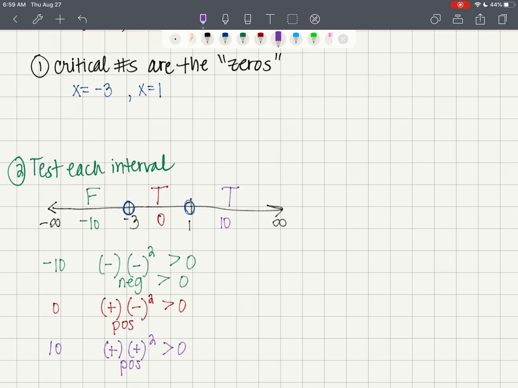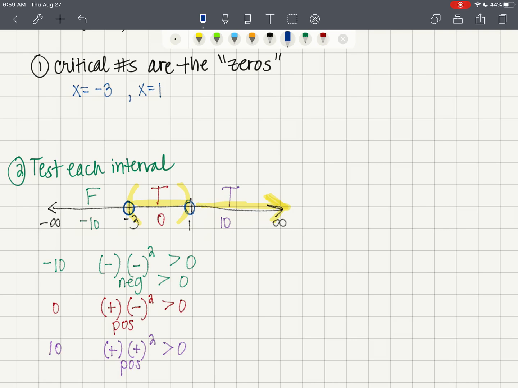So our answer is, I'm going to use a highlighter to show the answer. The answer is the interval from -3 to 1, with open interval, and then from 1 to infinity with an open interval.